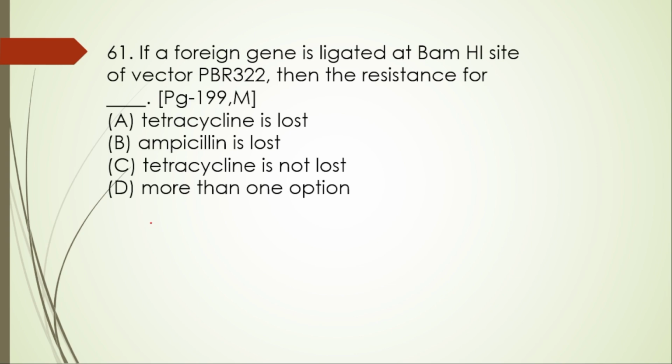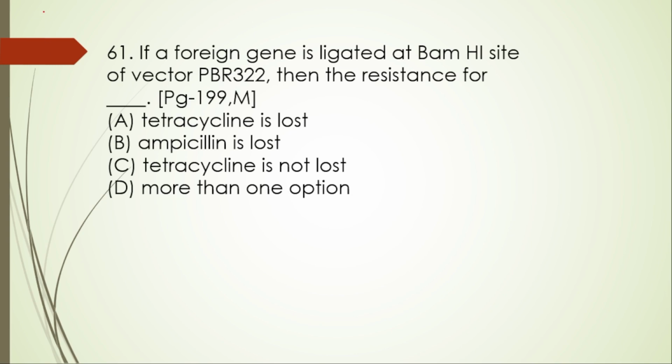61. If a foreign gene is ligated at BamHI site of vector pBR322, then resistance for dash. It will be resistant for tetracycline is lost, ampicillin is lost, tetracycline is not lost, more than one option is right.